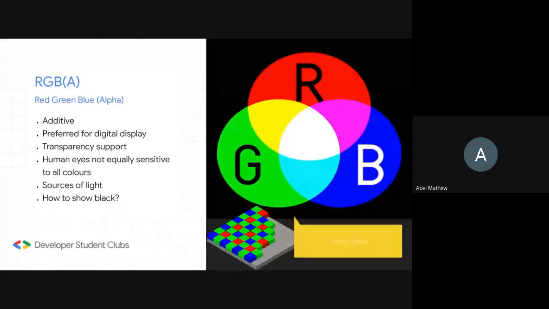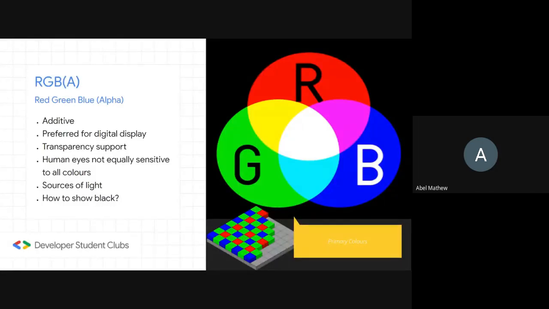So this particular color model is named RGB. The A is in brackets because A is optional. A stands for alpha. RGB stands for red, green, and blue. So I have put some terms over here which might look intimidating to a few. I'll explain.